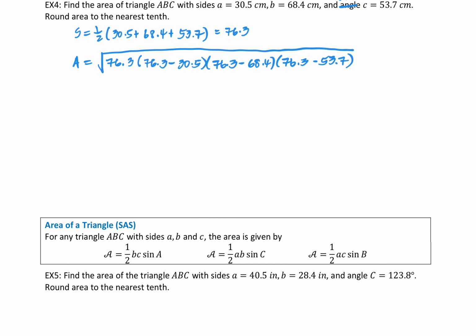Now you could just put this whole thing in the calculator at once, or you could do some intermediary computations, like you could do the 76.3 minus 30.5, which would give you a 45.8, and then the 7.9, and then 22.6.